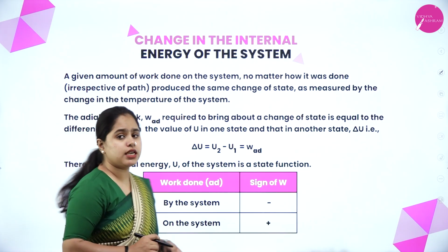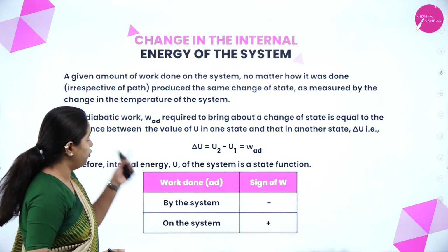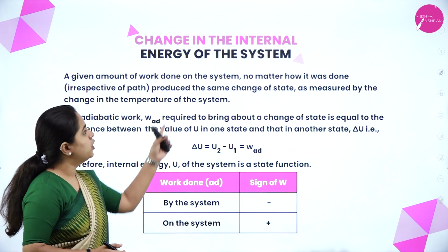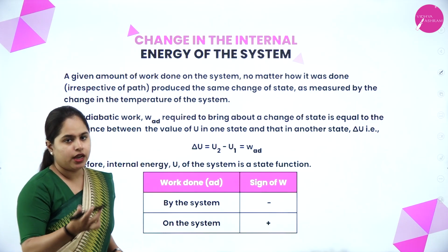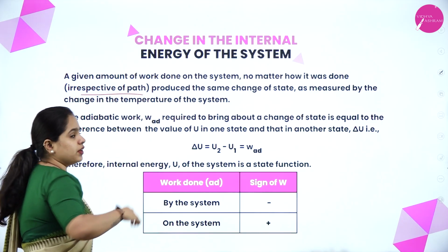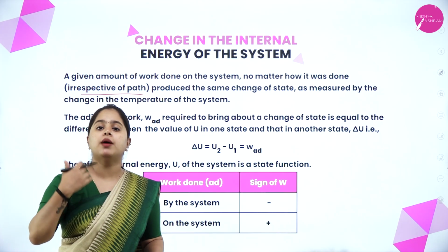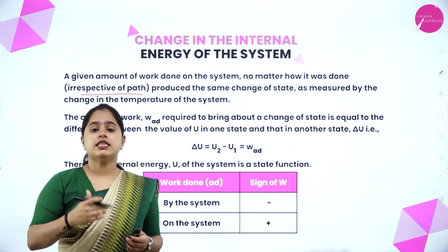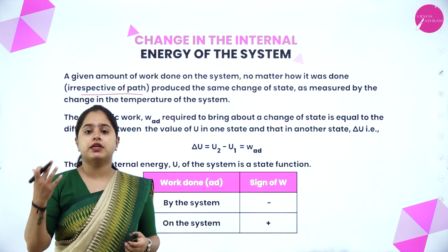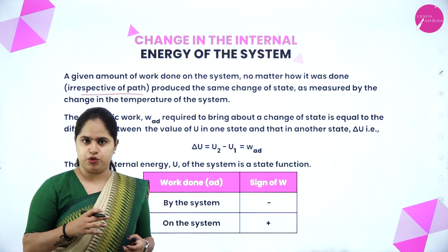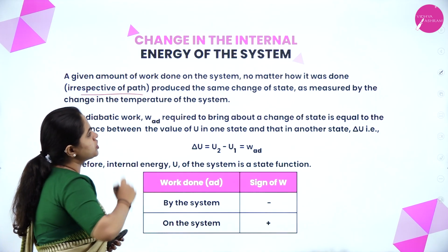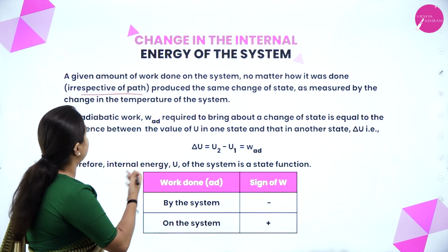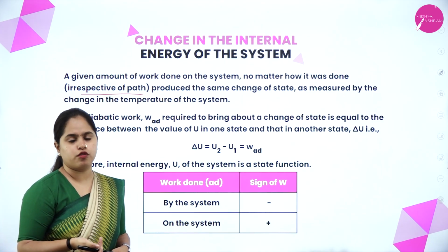Now, what you have to understand is that a given amount of work done on the system, no matter how it was done, whether mechanical or electrical work, irrespective of the path, produces the same change of state as measured by the change in temperature of the system.